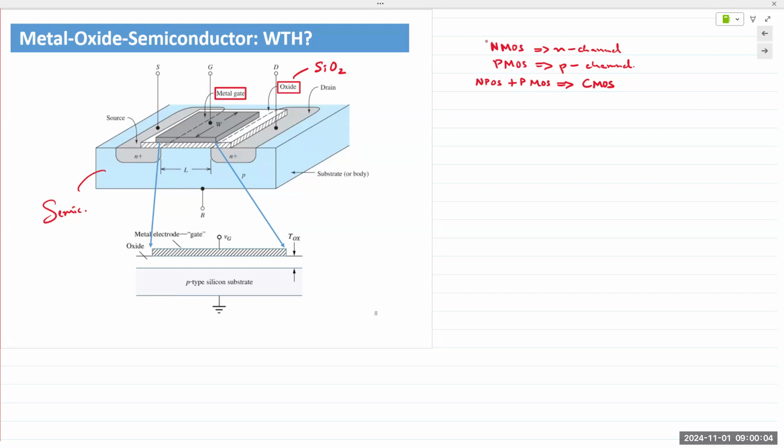Nowadays, it's not usually metal. Nowadays, that is typically heavily doped polysilicon. And polysilicon, of course, is a structure of silicon material. It is not a single crystal structure, it is polycrystalline silicon material, hence the name polysilicon.